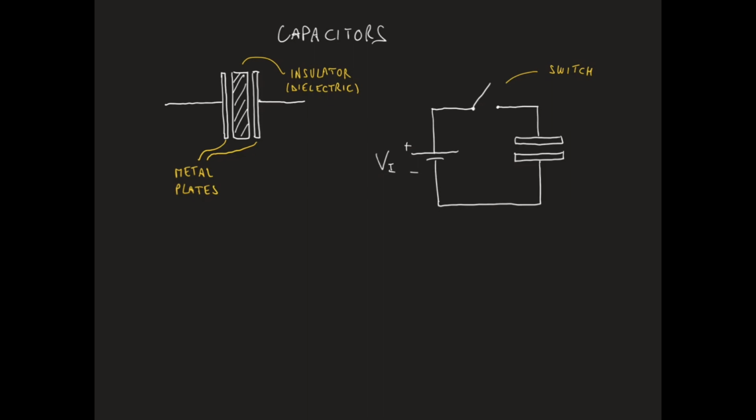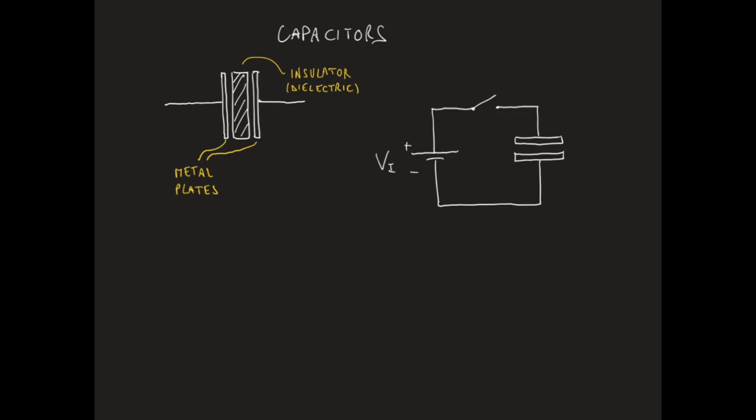A switch is a device that can work in two possible conditions. Either it is open, and in that case it behaves like an open circuit, or it is closed, and in that case it behaves like a short circuit. Let's start with the switch in the open condition. In this case, no charge can move in the circuit as the circuit is open.